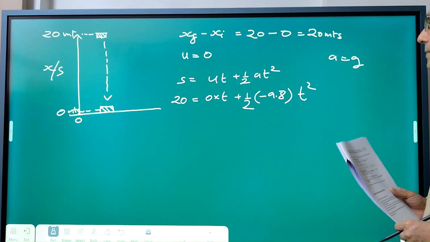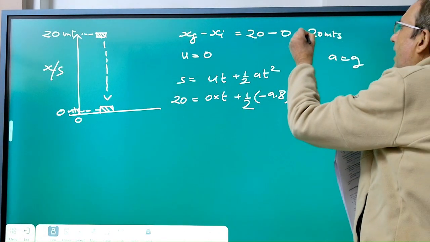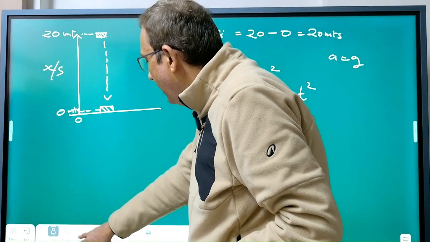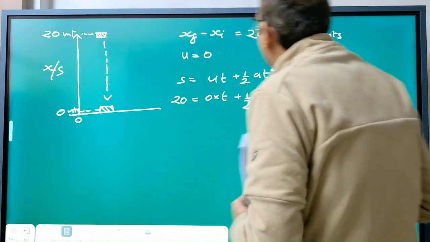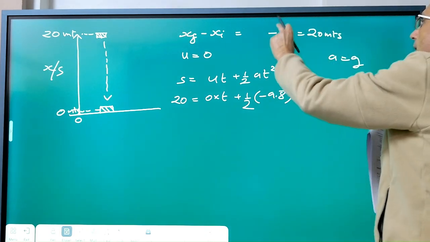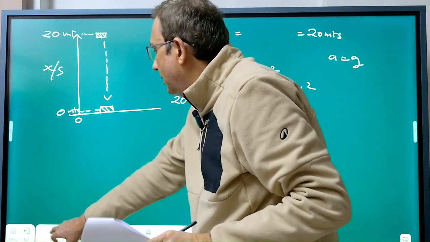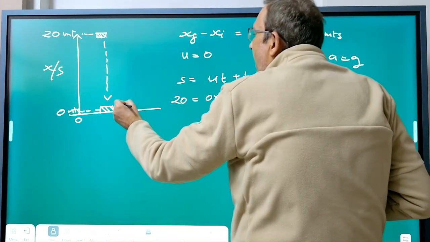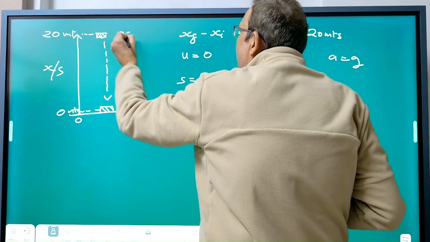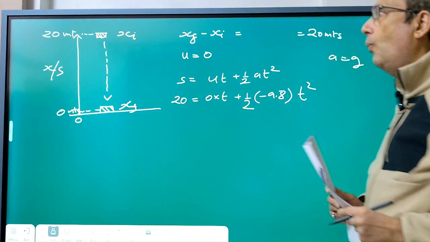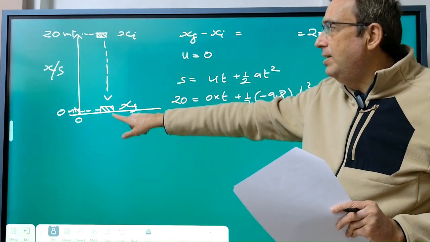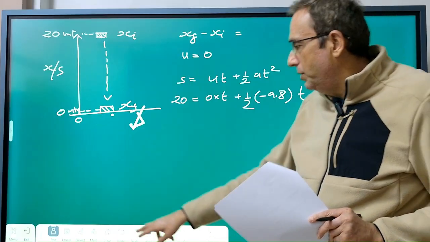And of course we have made a mistake here. It is not 20 but minus 20, as you can see here. The final position xf is this, and the initial position xi is this. Why? Because this is the position at the start of the motion, and this is the position at the end of the motion.